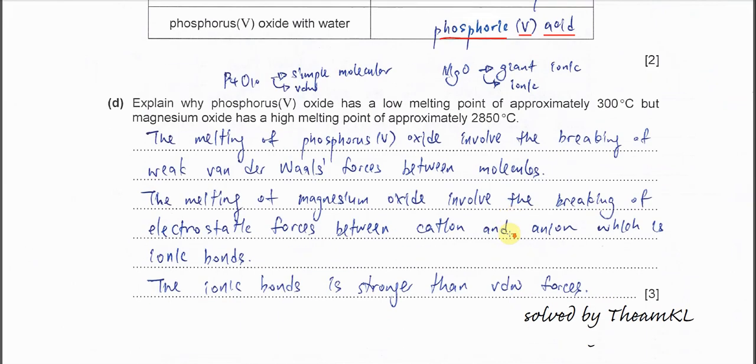Part D. Explain why phosphorus(V) oxide has a low melting point, about 300 degrees C, but magnesium oxide has a very high melting point, around 2850 degrees C. Explain why, then you have to relate to the structures and the bonding.